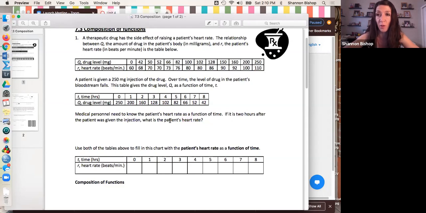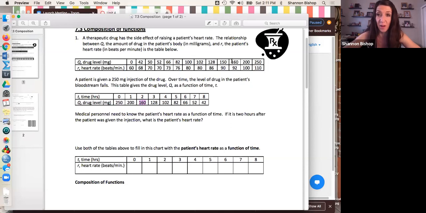So it's been 2 hours since I've been given my injection. So what do we know about 2 hours? Well, we know that after 2 hours, there would be 160 milligrams of that drug in my body. Okay, but the medical person needs to know what my heart rate is at that 2 hour mark. So if there's 160 milligrams in my body, then what should my heart rate be?